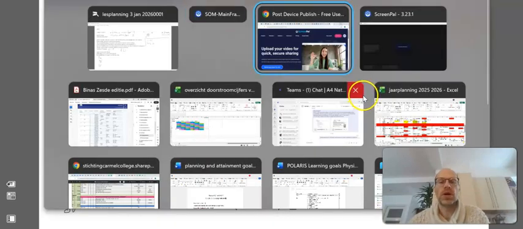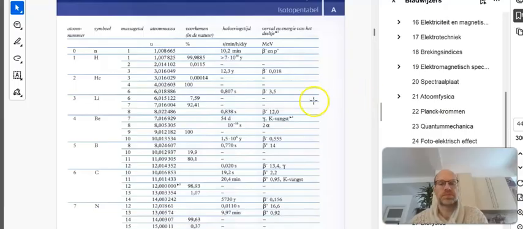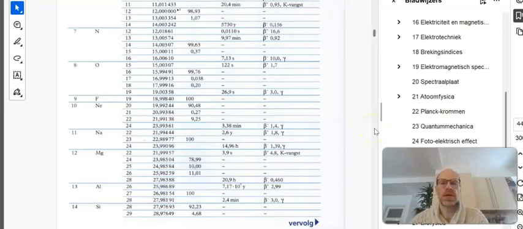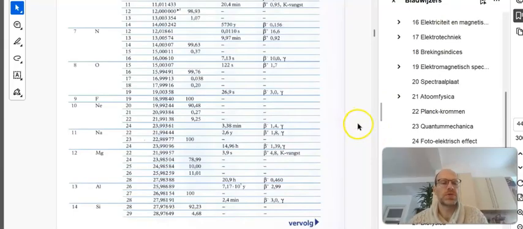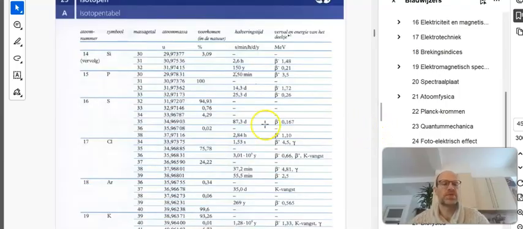So I need to look up the atomic number of sulfur. And I forgot, it is 35, so I'm searching for something with 35. Where's 35? 35 is over here, sulfur, and then it's 16.